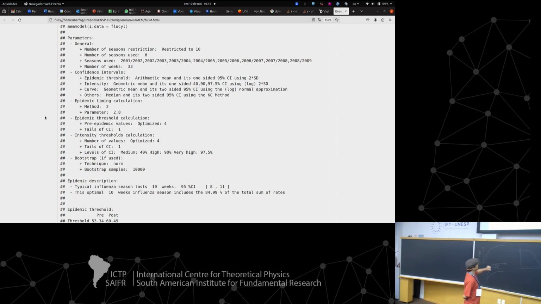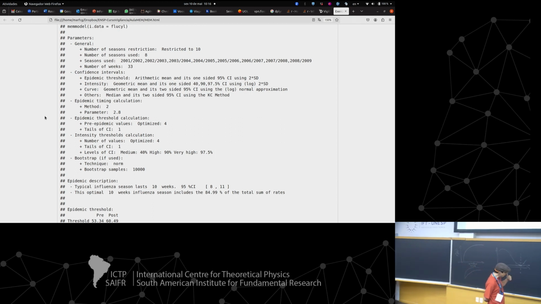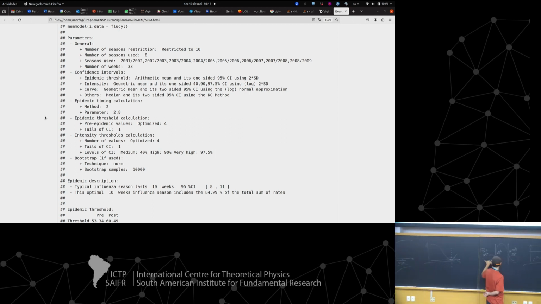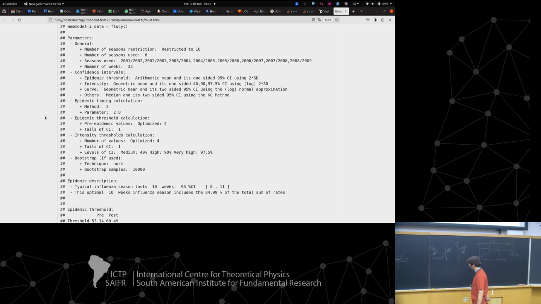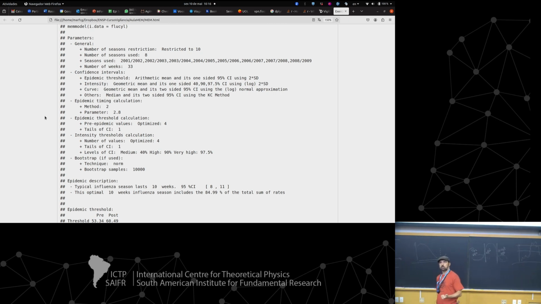And if you want to use non-parametric estimations on your observed values and calculate confidence intervals based on bootstrapping methods, you can also specify which kind of bootstrap method you want to use, how many iterations of the bootstrap method you want to use, and so on and so forth. So it leaves a lot of room for fine-tuning, okay?